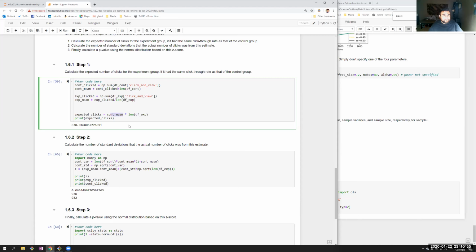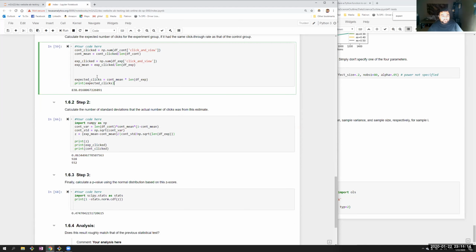That's simply the mean of the control group multiplied by the total number of individuals in the experimental data set, the n of IDs. I'm pretty sure that's right, but we'll see what the solution says. I could be wildly wrong on this. We print expected clicks, and it tells us that 838 people should have clicked.